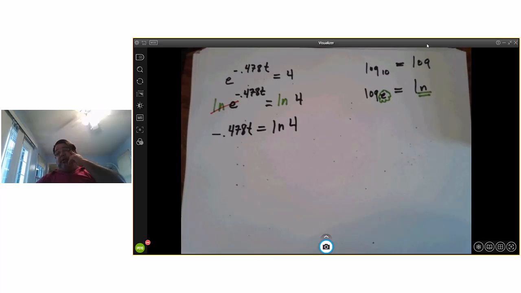Now somebody tell me how I'm going to solve this algebraic equation. Negative 0.478t is equal to the natural log of 4. How do I get t by itself?